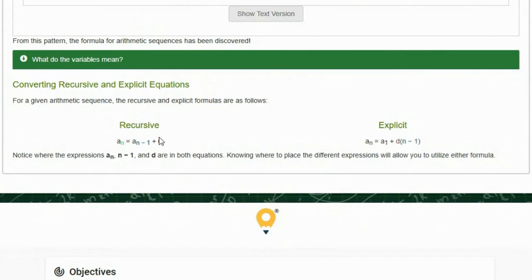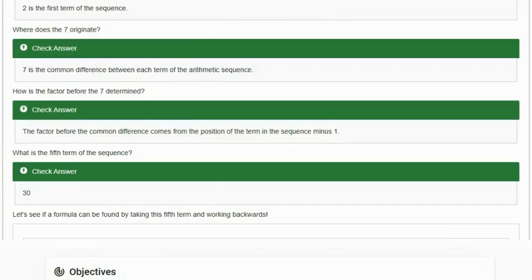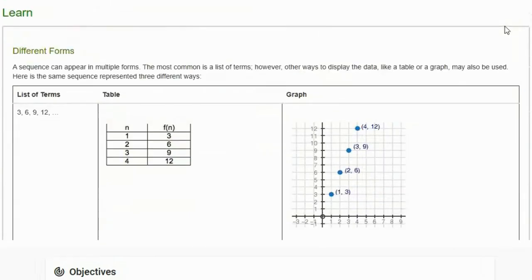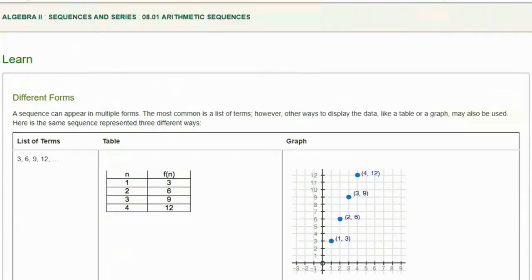So here are the two formulas that you should have in your notes. A sub n, n minus 1, and d are in both equations. You just got to know where to use them. So that is the equations we're using for arithmetic sequences. Let's look at page 3.